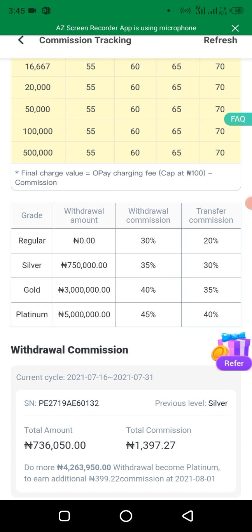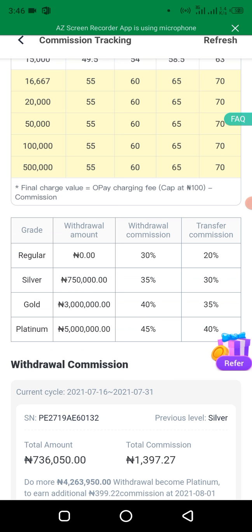Now let's take, for example, if you withdraw 10,000 naira, they are supposed to charge you 60 naira, but they will return from that 60 naira they charged you. They have already charged you 60 naira. If you are a regular merchant, they will return 30% of that 60 naira.